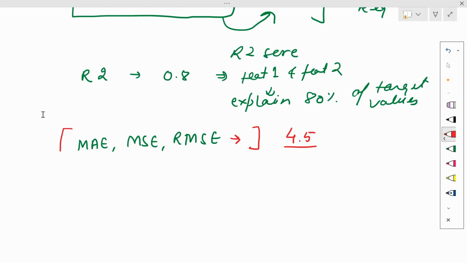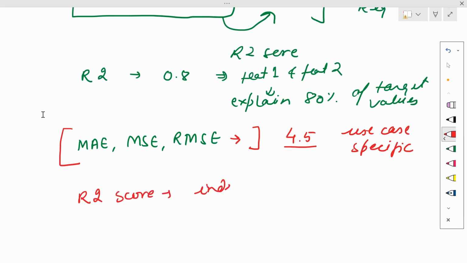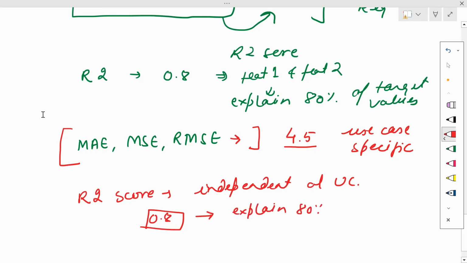So this is use case specific. But when we talk about R2 score, it is independent of use case. If we are saying R2 is 0.8, in all the cases, it means the same thing, that our features are able to explain 80% of the target variable.